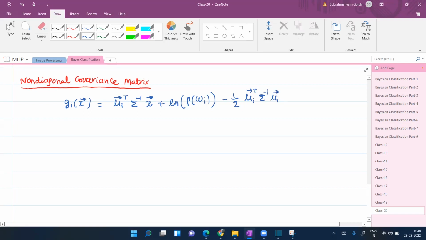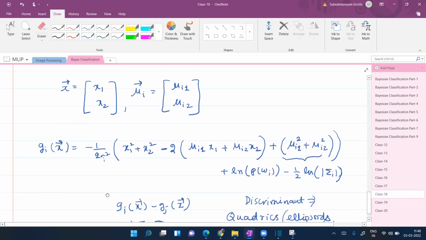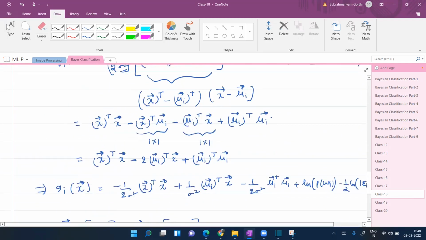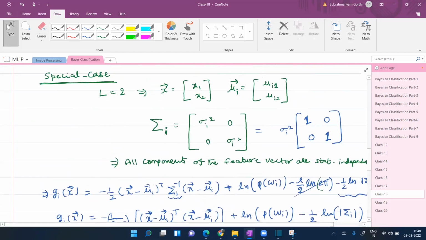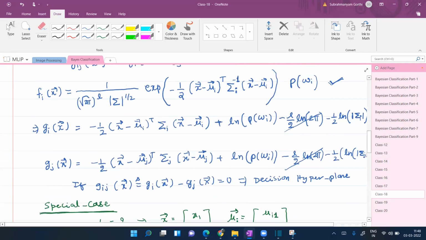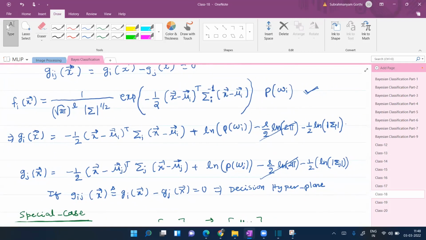Where has this expression crept in from? Let me go back to the earlier classes and show you where I was getting this expression for Gi of x bar. Look here, this is where I have Gi of x bar.